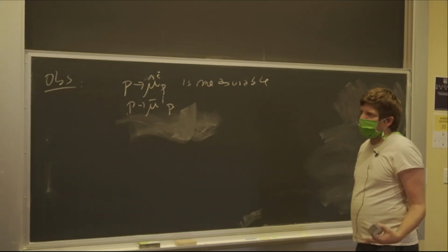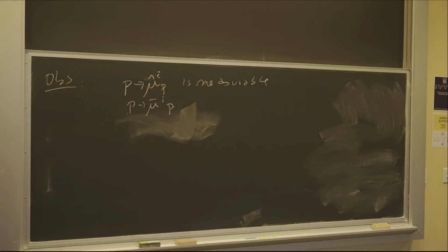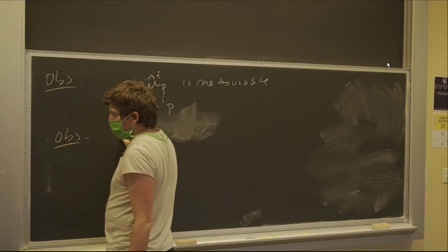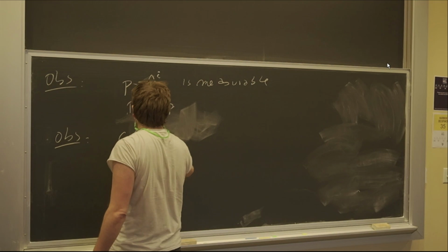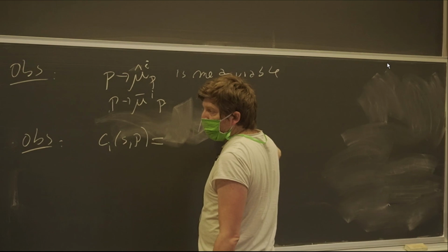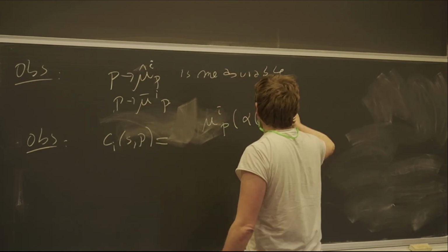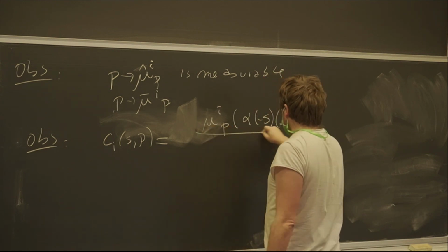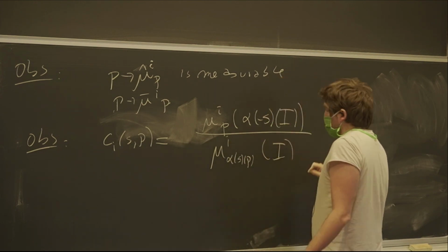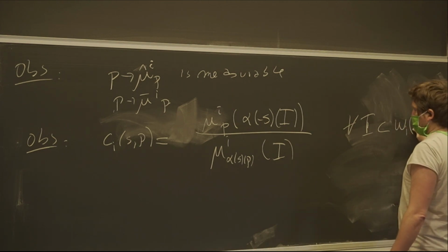And this helps us a little bit in understanding what this value is, because we have that c(s,p) is nothing but μ_{i,p} on α_s inverse, or α_{-s}, of I over μ_{α_s(p),i} of I, for every I inside W_i on α_s(p).